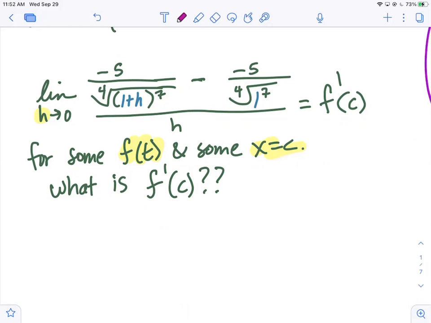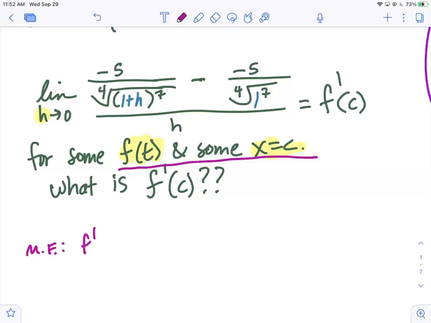So once you're told that this does represent the derivative of some function, just think about this part first. If I can identify the function and the x value, then that's a good place to start. So h going to 0, this is what I called the modified form. And remember, modified form, MF for short, right?